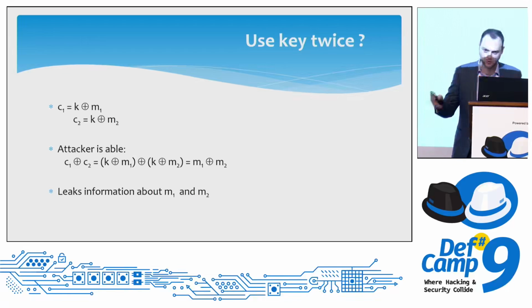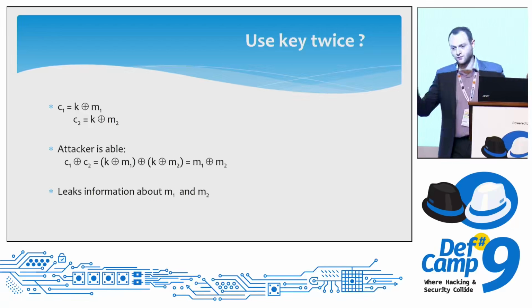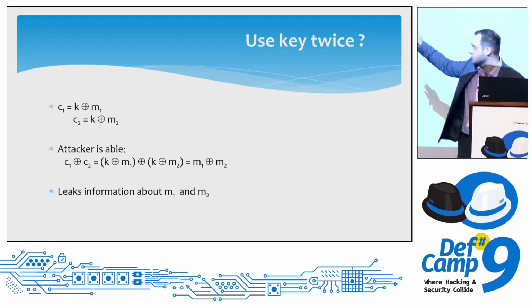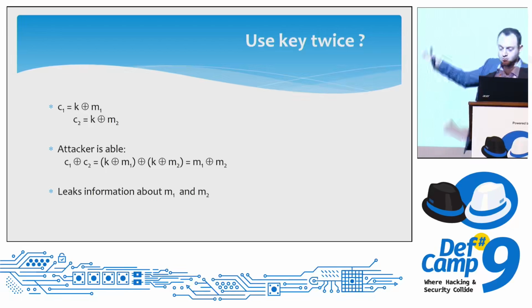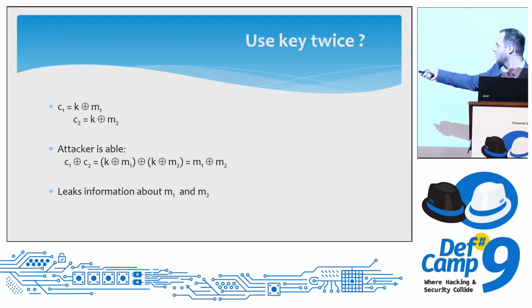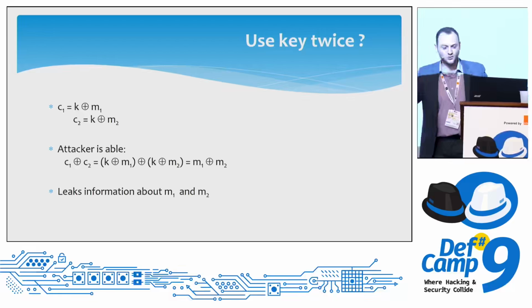Let's intuitively understand why it is like this. So here we have C1. How do we get it? We XOR the key with the first message, but the key is the same in both cases. C2 is key XOR M2, and afterwards we XOR these values. What do we get? K XOR M1 XOR K XOR M2. K XOR K is 0, so we get M1 XOR M2.